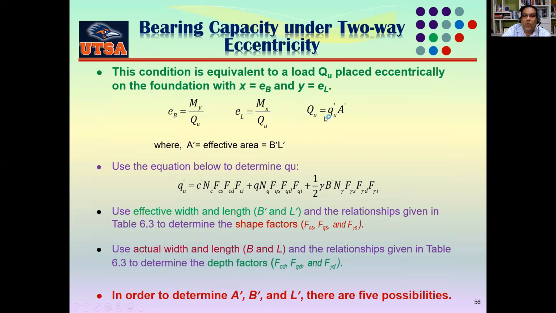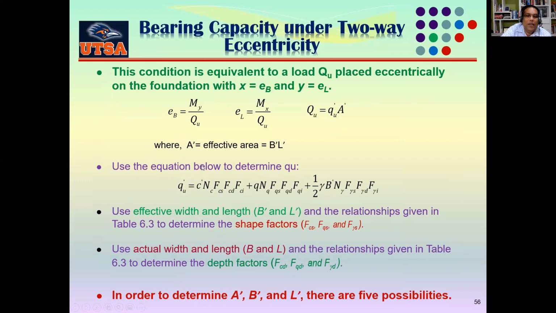And your QU is equal to your ultimate bearing capacity multiplied by the area of the foundation, okay? So area of the foundation, A prime, is actually the effective area, B prime times L prime, because the whole area of the foundation will not take the load, right? So a part of the foundation will take the load because of the eccentricity.